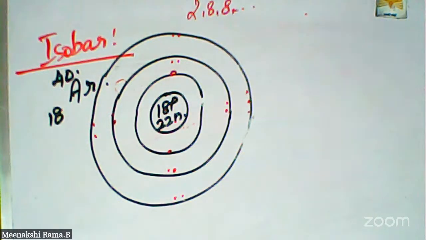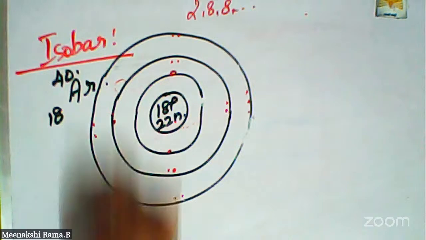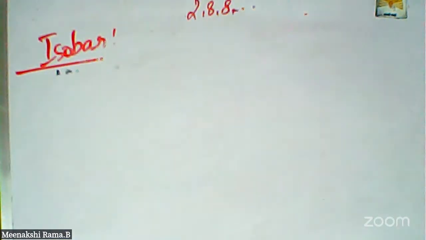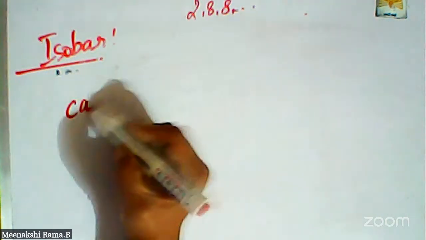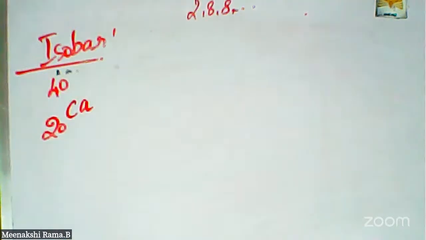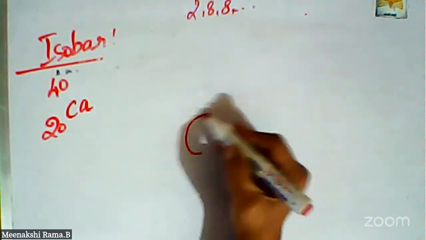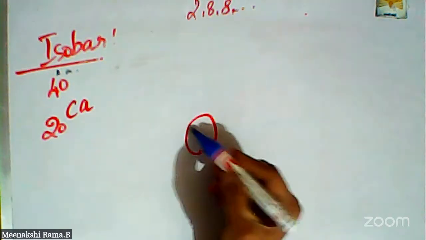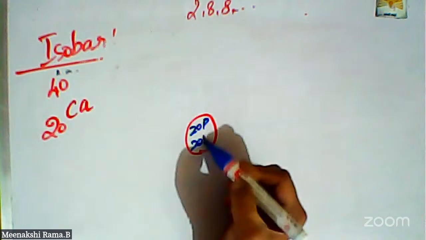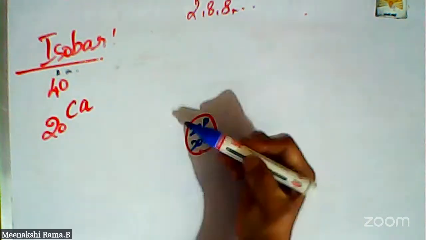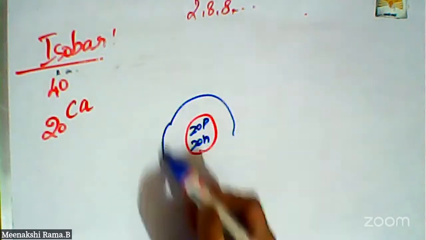And next one is calcium. In calcium, the atomic number is 20 and the mass number is 40. So the center part has 20 protons and 20 neutrons. How many orbits?